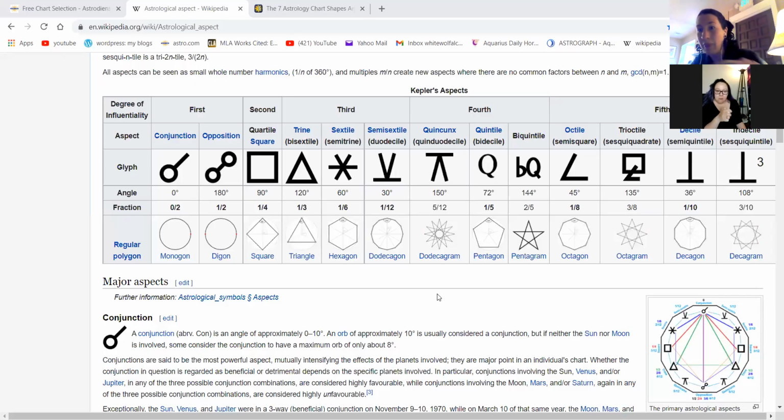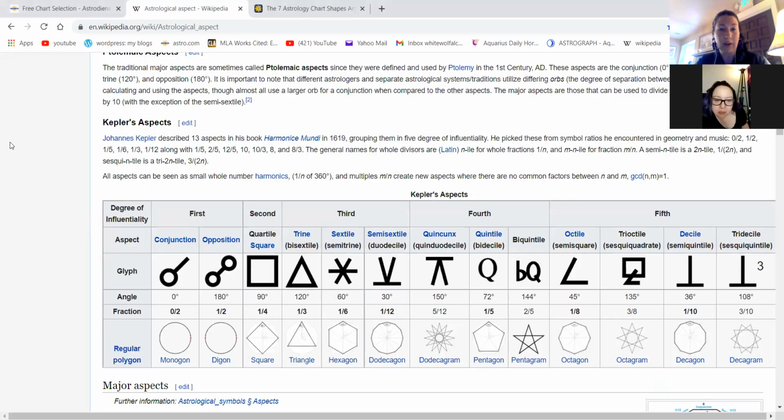All right. Aspects. Dun, dun, dun. So this is a little cheat sheet online for now. Your book that you have, the beginning book that I recommended, has this too.